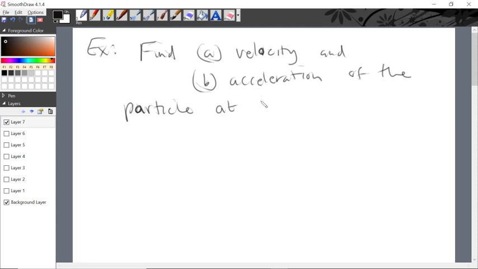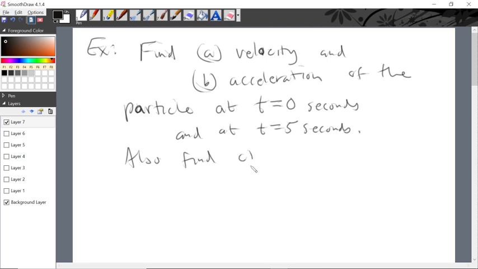Find the velocity and acceleration at t equal to 0 seconds, and let's say at t equal to 5 seconds. Also, find C, when the object is at rest. Okay, that is when it has stopped.